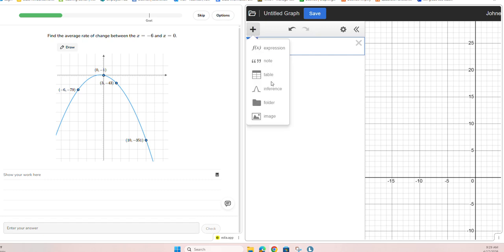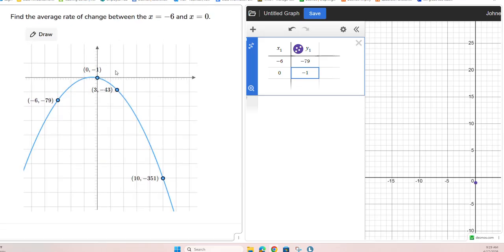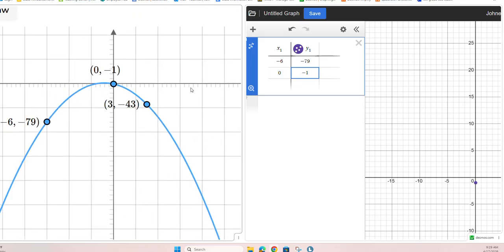Now I will do this though. I will put -6 to 0. And at -6 I see -79. And at 0 I see -1. I got those values from my graph over here.